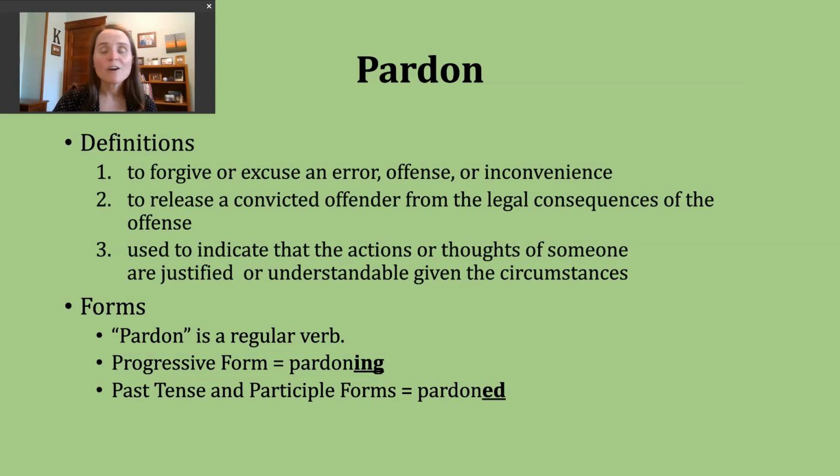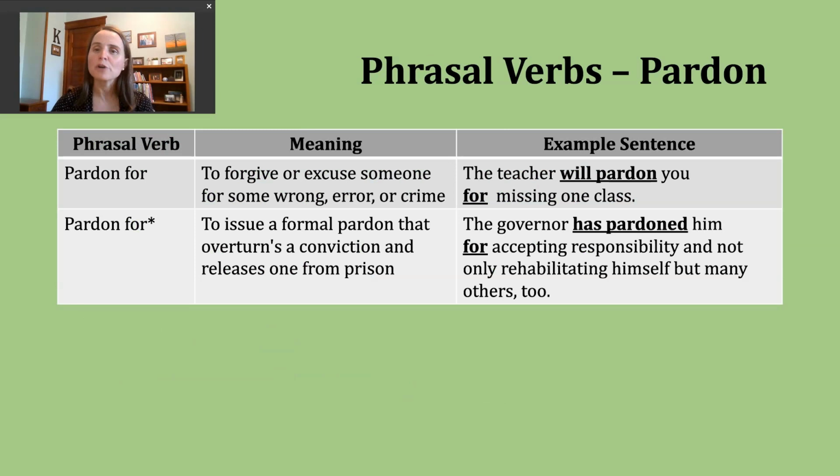Okay. Now, I do have some phrasal verbs for us to discuss. You're going to see here the definitions aren't all that different, but I like for us to have some examples to look at. So the most common way you'll hear pardon used as a phrasal verb is with pardon for.